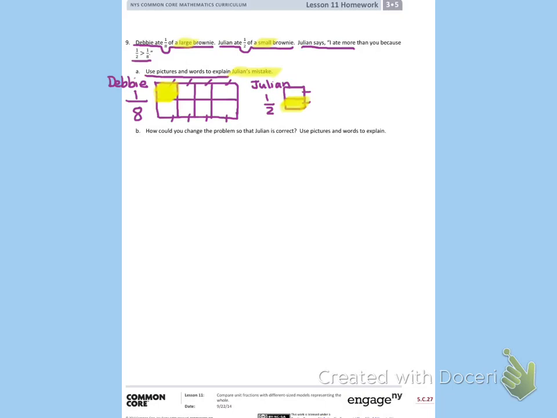So I could go ahead and write Debbie's brownie was bigger. So her piece was larger.